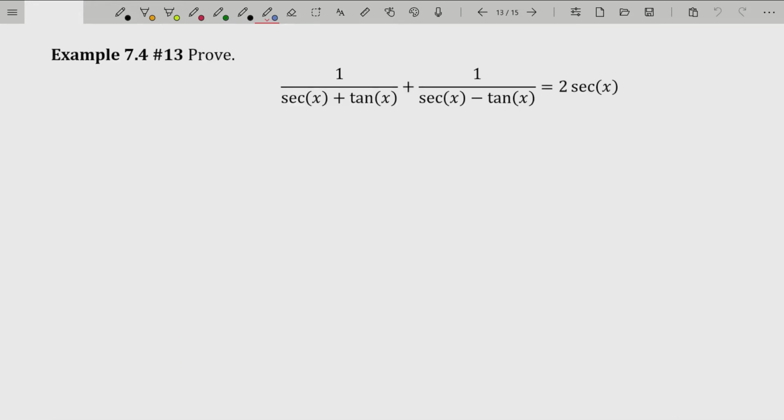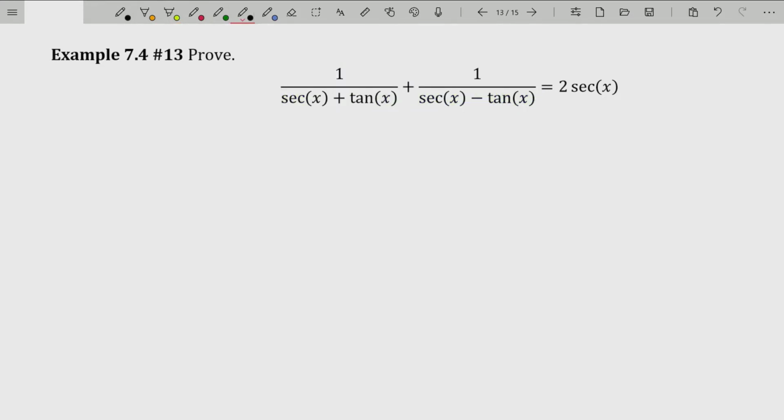Here's another proof, or another identity they'd like us to prove, and I'm specifically handpicking problems that showcase different tactics. The previous one was kind of random. There's a lot of different tactics you could have used, but this one is pretty much one tactic. First of all, the left-hand side is the most complicated side, so that's where I'm starting.